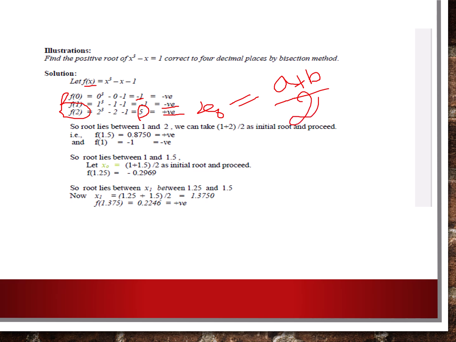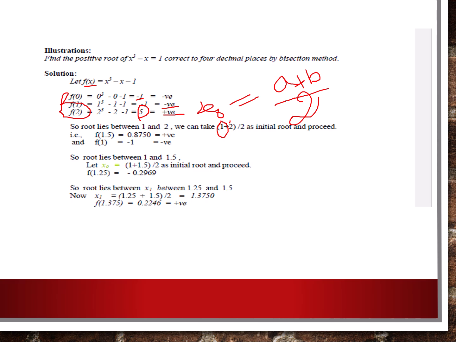The value of a equal to 1, b equal to 2, so x0 equal to 1.5 divided as the initial root, and proceed. That is, the function f of 1.5 equal to 1.5 whole cube minus 1.5 minus 1.